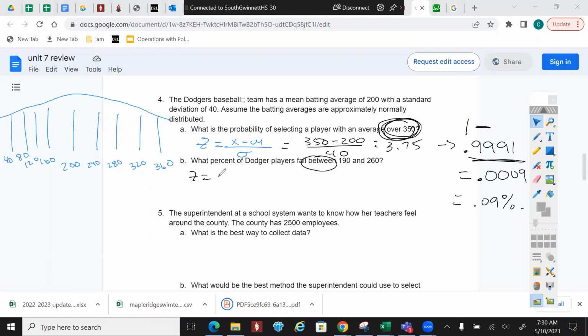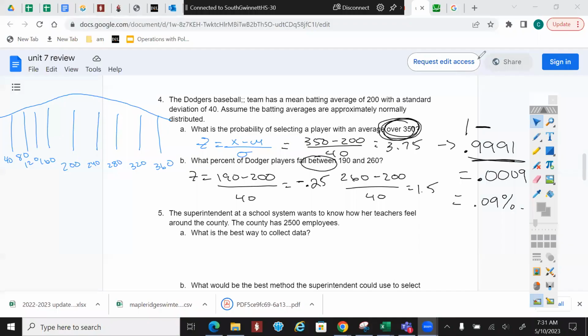So we're going to do 190 minus 200 divided by 40, and then 260 minus 200 divided by 40. 190 minus 200 divided by 40 is going to be negative 0.25. And 260 minus 200 divided by 40 is going to give us 1.5.